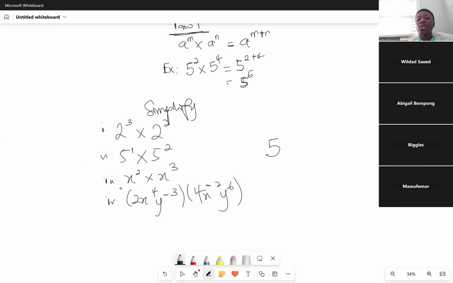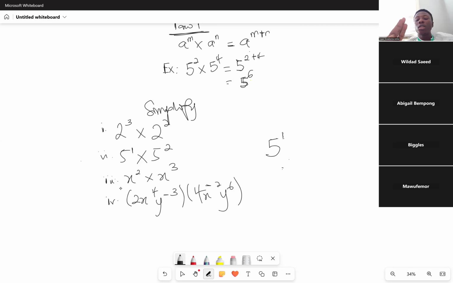So when you have a number standing on its own, example 5, it's believed the index is 1. If you have a number standing without an index, the index is 1. It could be a symbol, a letter, for example, E. If it doesn't have a power, take the power to be 1.